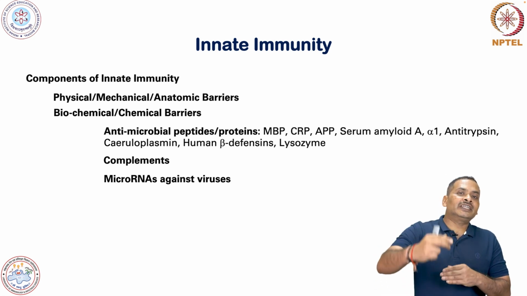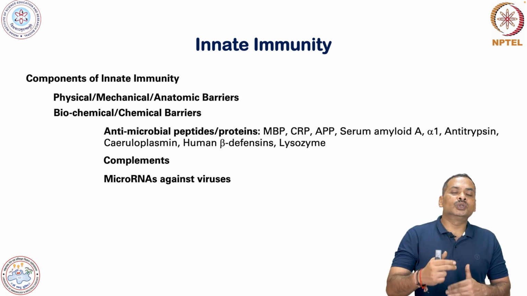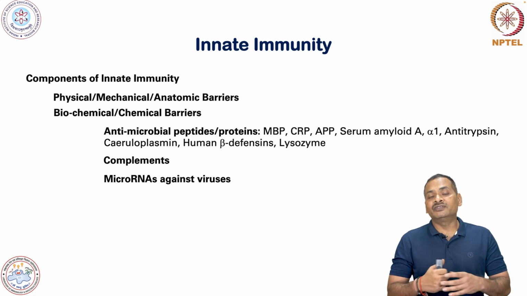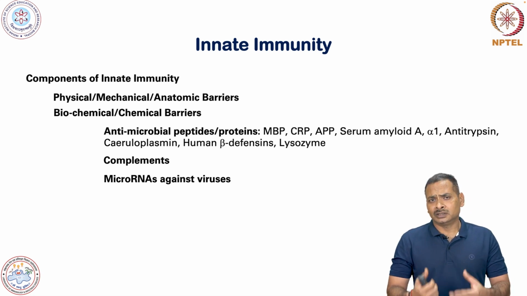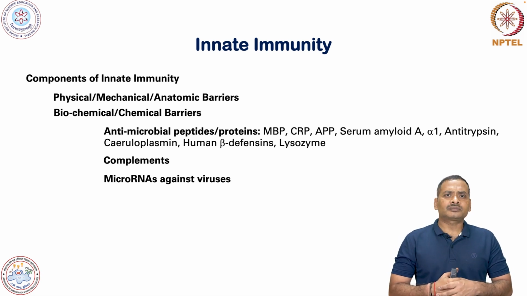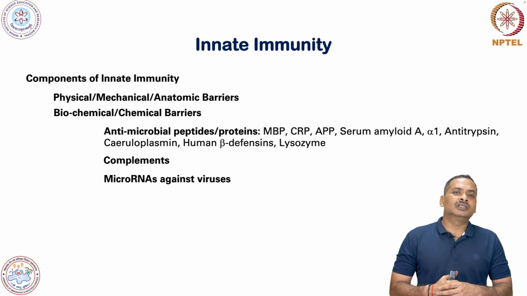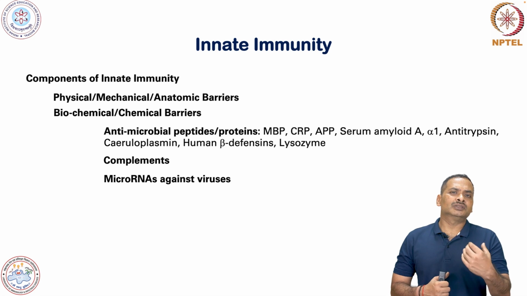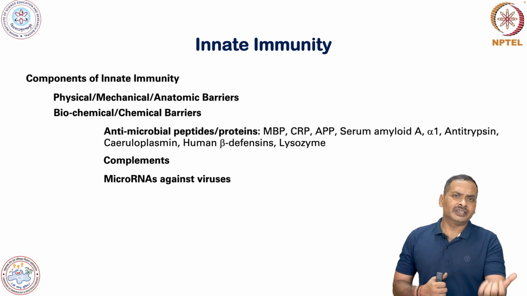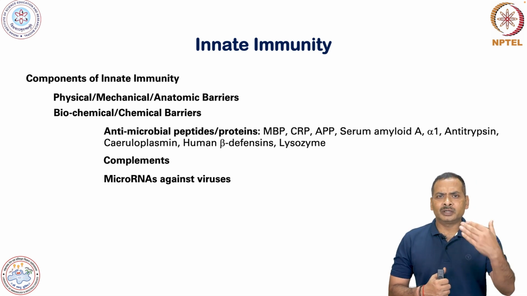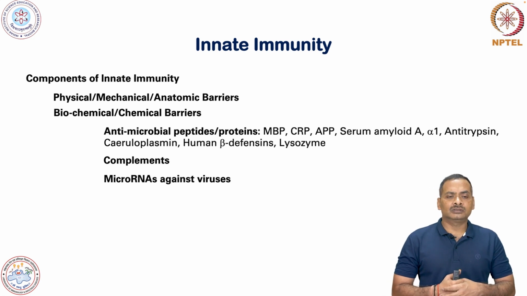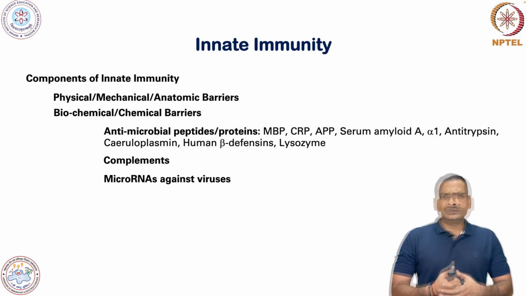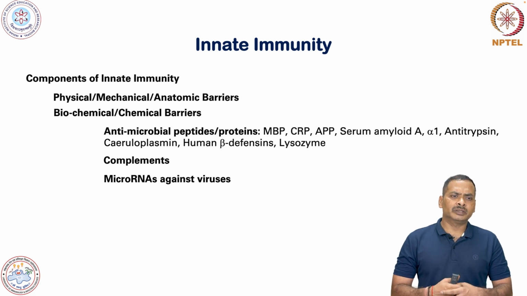It will induce more antiviral gene expression. So in this scenario, the replication of the microbial pathogen, here I am talking about RNA viruses, will be reduced, okay. So these are some of the biochemical or chemical barriers.